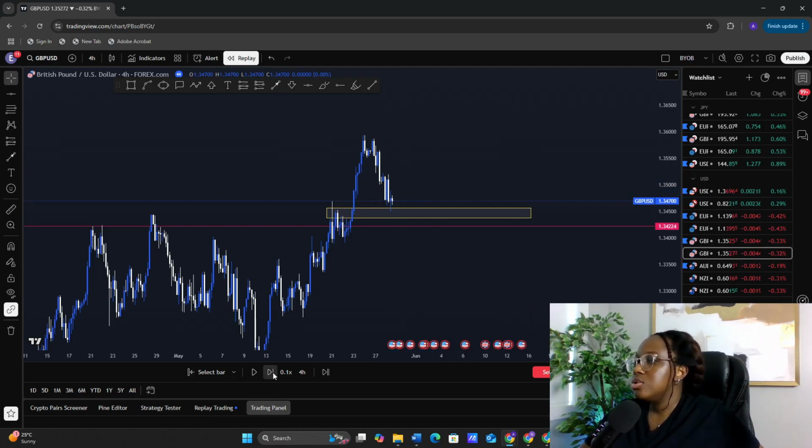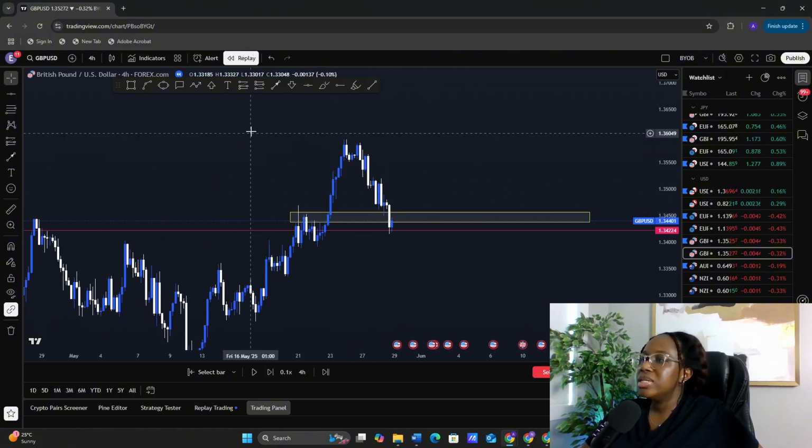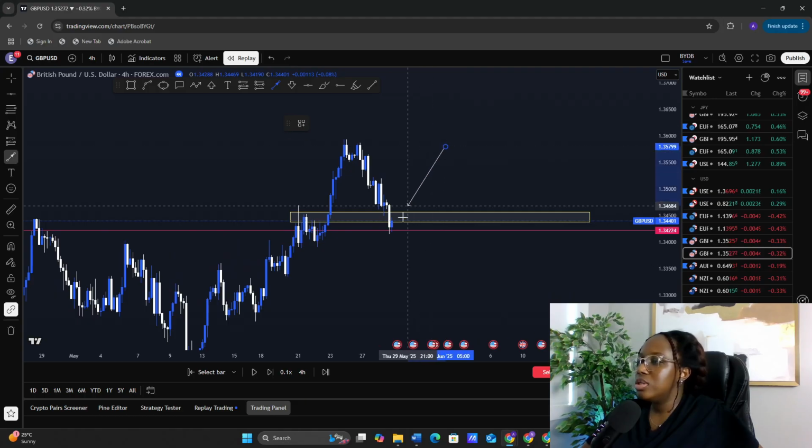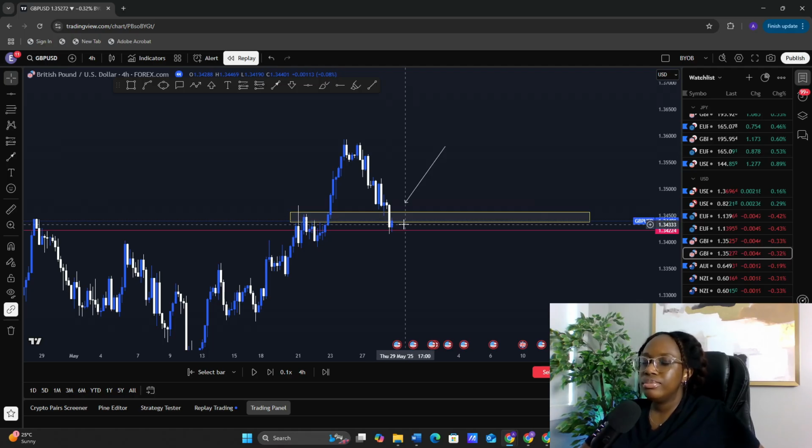So if you play the bar replay tool, we see price came even deeper into the zone. Now at this point, the next thing on my mind is that I'm going to be getting in on an engulfing candle or some form of bullish variation pattern. Engulfing candle or bullish variation pattern. When I say bullish variation pattern, I'm talking about a candle pattern.